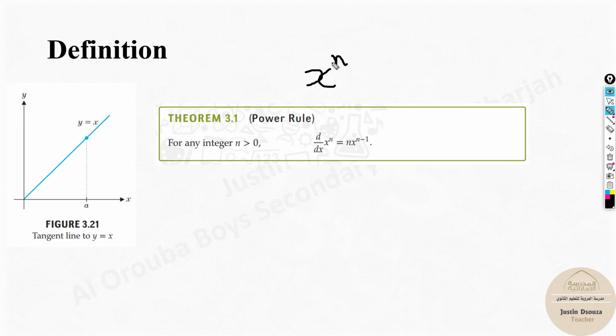For any power of x, what happens when you take the derivative, d by dx? This is very important. The answer is that whatever the power is comes down in front, and you subtract 1 from the power.